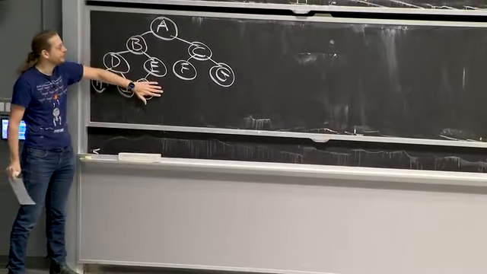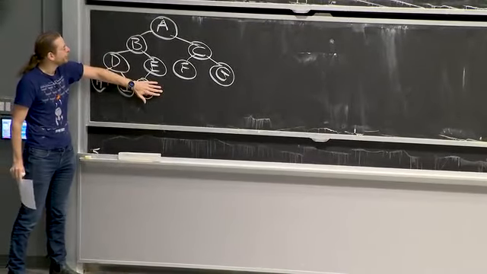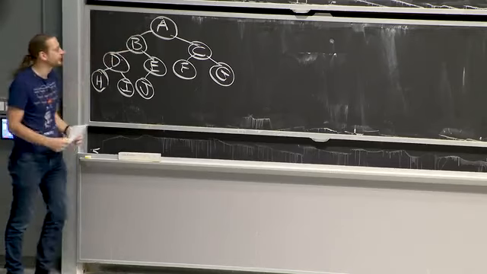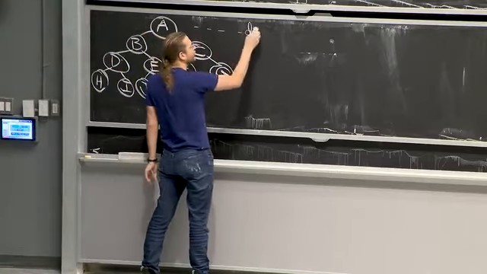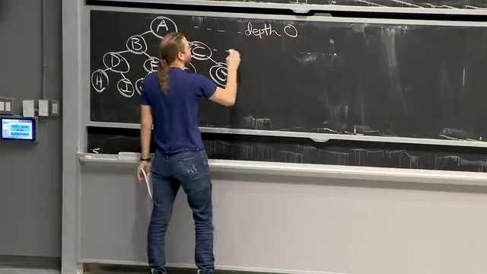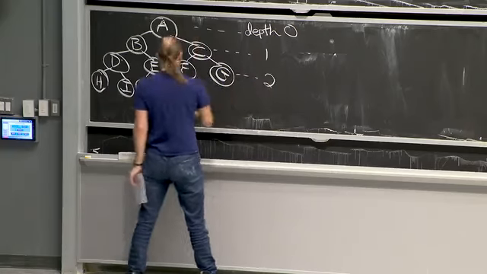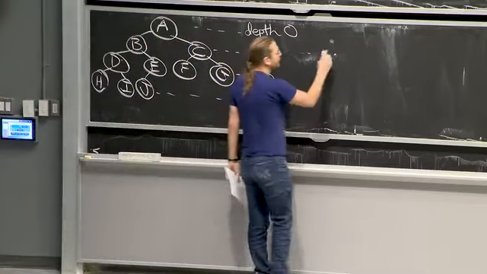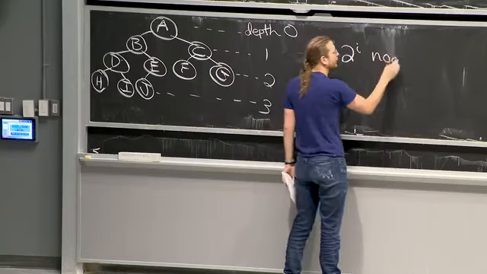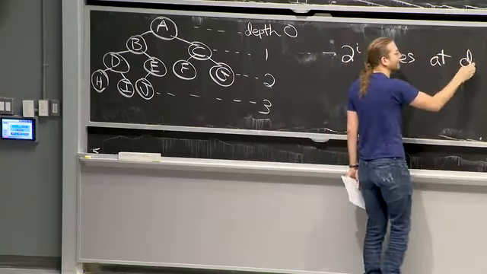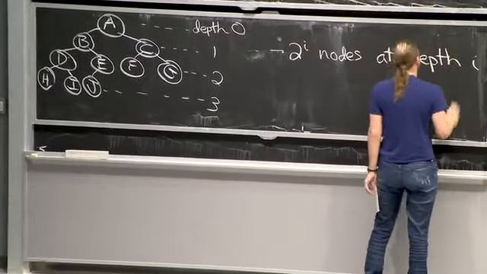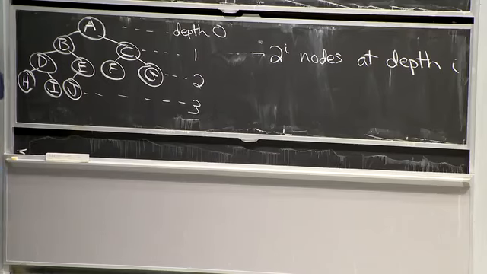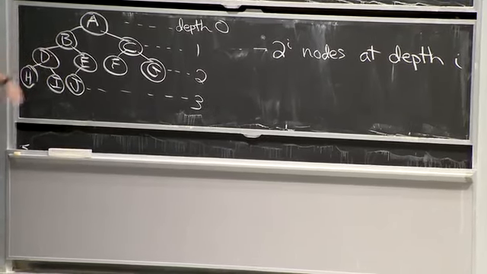Perfectly balanced would be like this, where all of these levels, all of these depths, are completely filled with nodes. This is depth 0. Remember, this is depth 1. This is depth 2. This is depth 3. So what I'd really like is to have 2 to the i nodes at depth i. That would be a perfect binary tree. But that only works when n is 1 less than a power of 2.